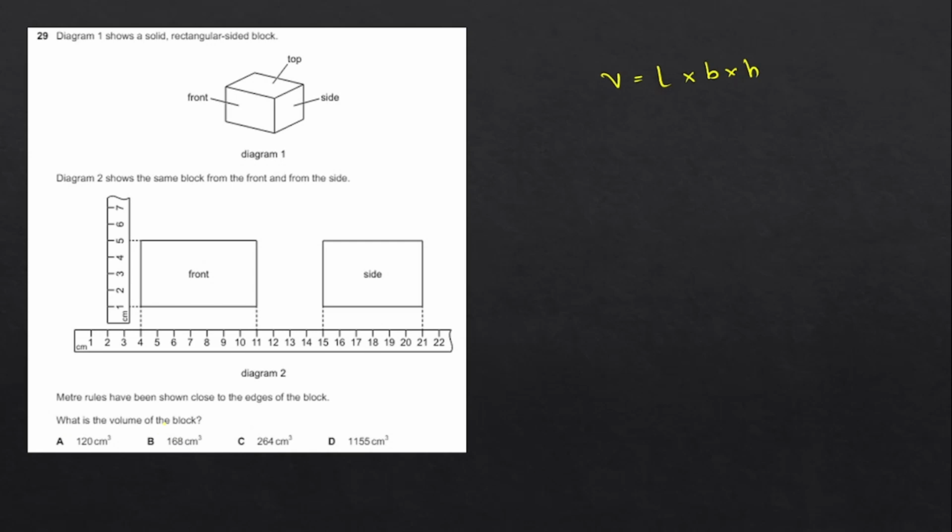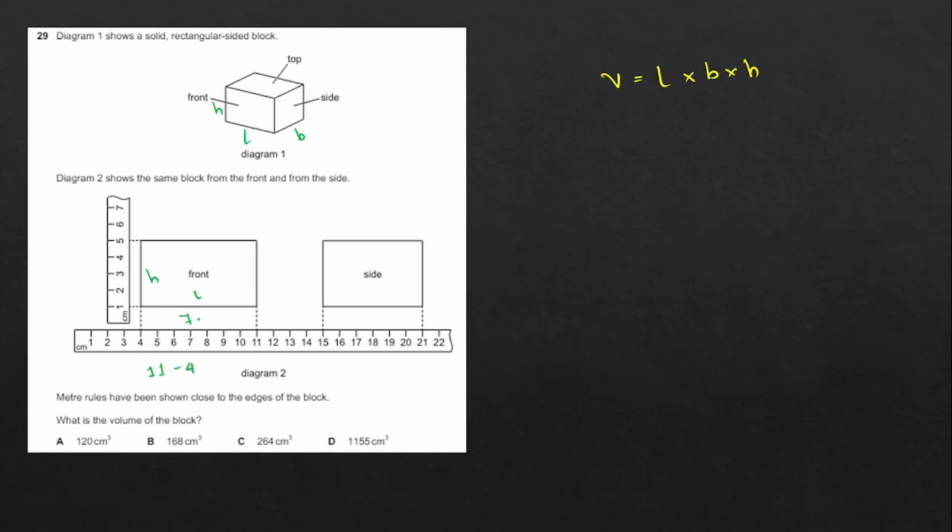First, let's figure out what's the length. So here in our diagram, let's say this is the length, this is the breadth, and let's say this is the height. Now from the front view, we can calculate the length and the height of this cuboid. If I take this as the length and this as the height, then the length will be 11 minus 4, which is 7 centimeter.